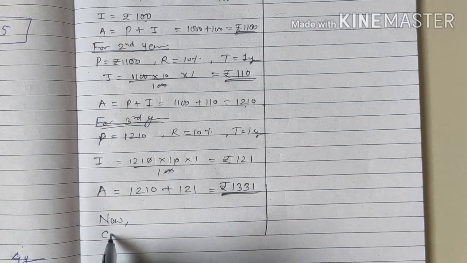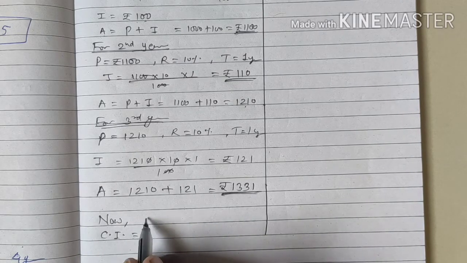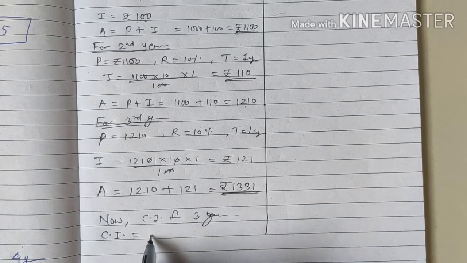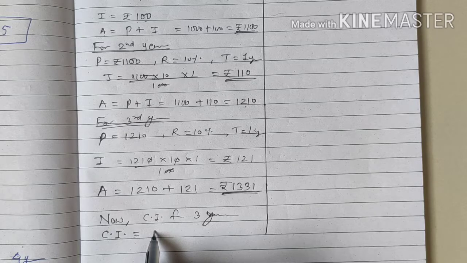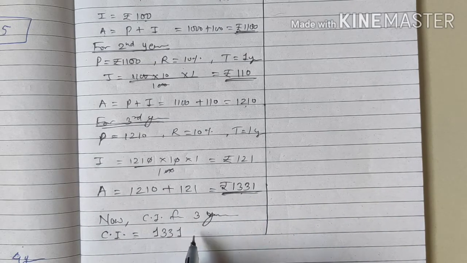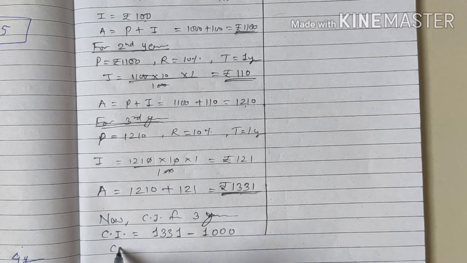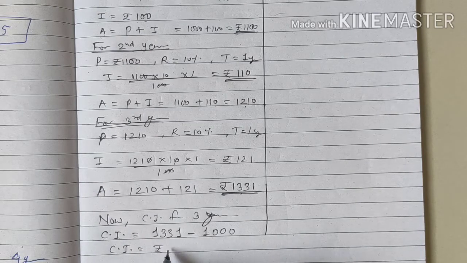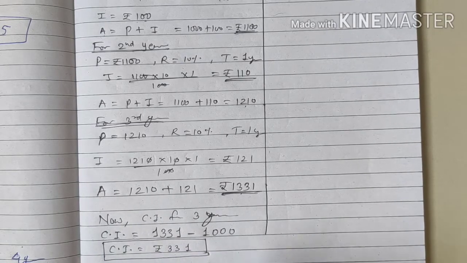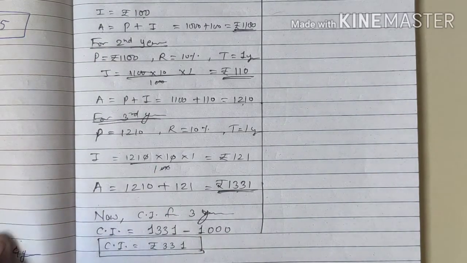To find the final compound interest for all 3 years, the compound interest for 3 years will be the last amount of the third year minus the principal. So the compound interest will become rupees 331. Is that clear to everyone? So this is the simple interest method.